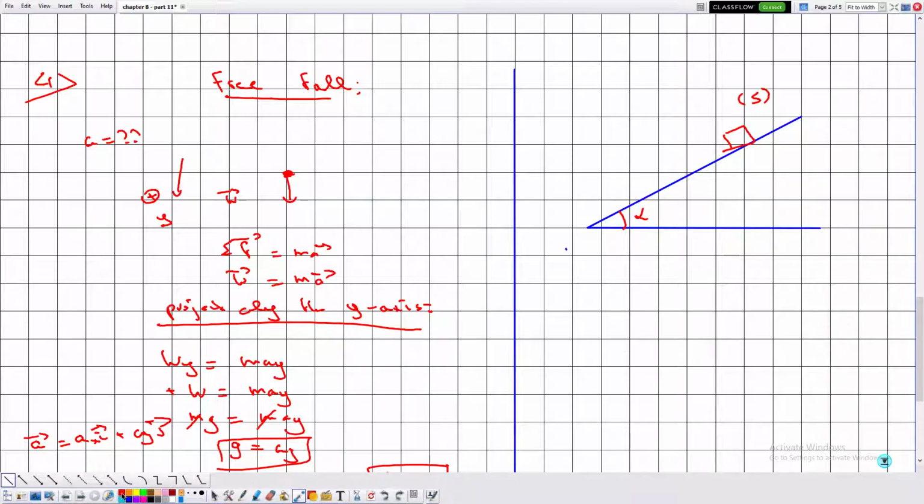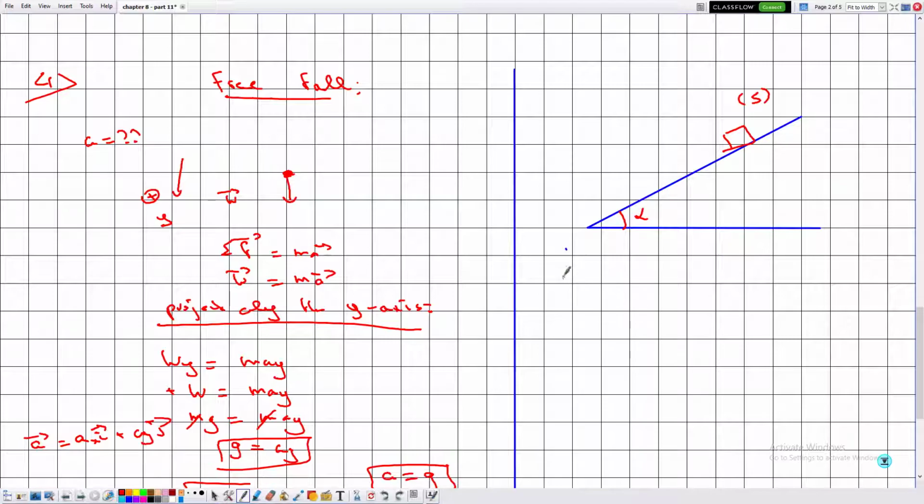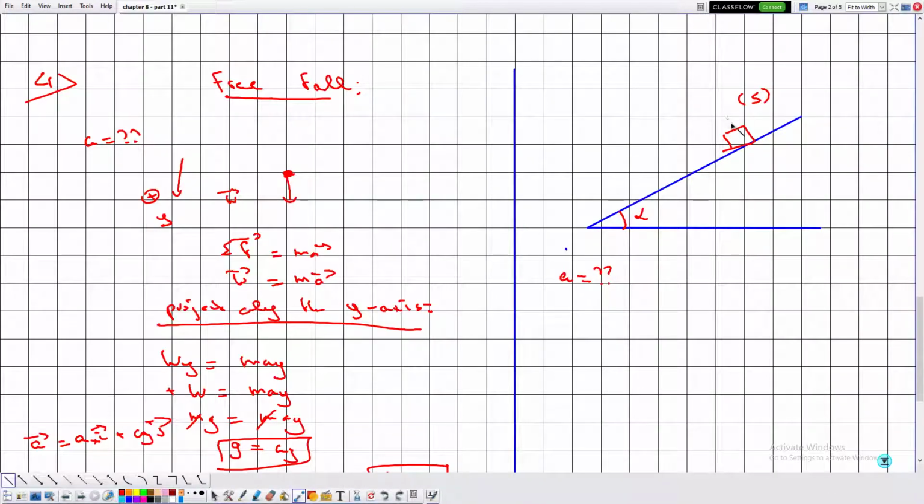So we are interested in determining the value of the acceleration, which is given by A. In order to do so, we need to represent the forces acting on the solid S. We have the weight, which is vertically downward, and we have the normal, which is normal to the plane like this.